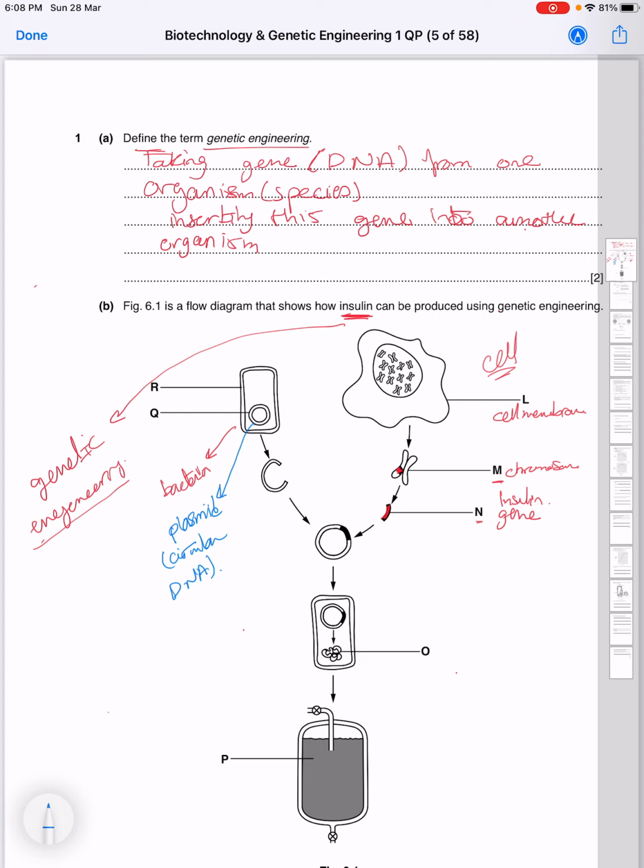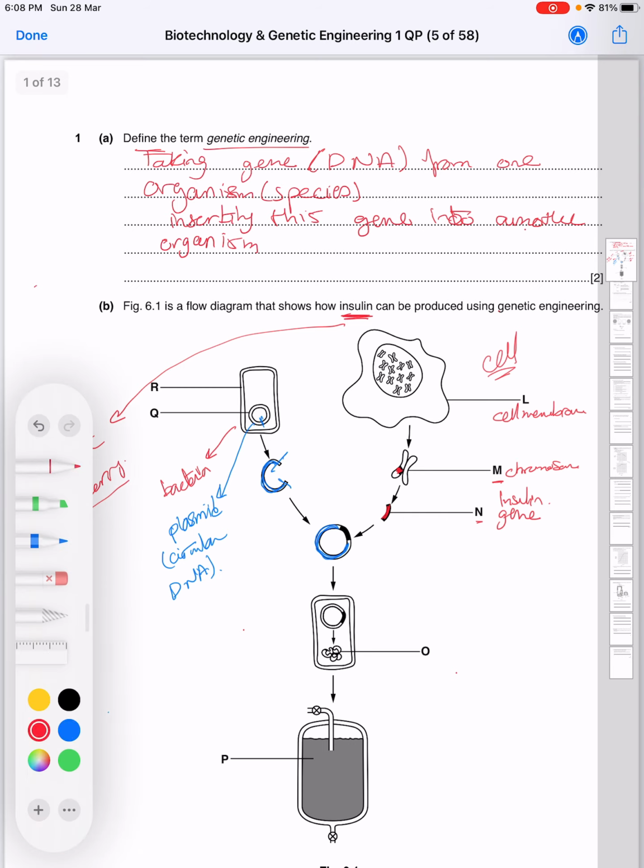So basically, I'm removing this plasmid, and then I will cut through this plasmid. After I remove it from the bacteria, I will cut through it using enzymes. These enzymes act like scissors that cut through the DNA of that bacteria, and then I will insert my gene inside this plasmid, just like glue and stick.